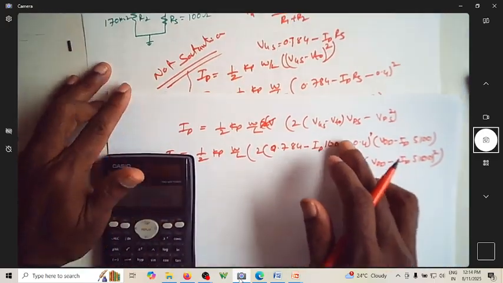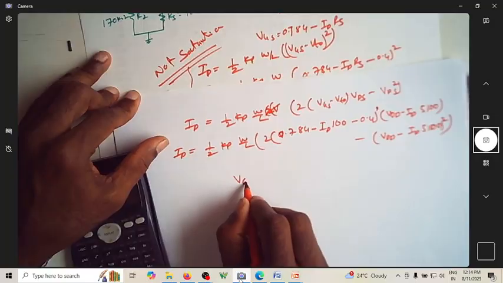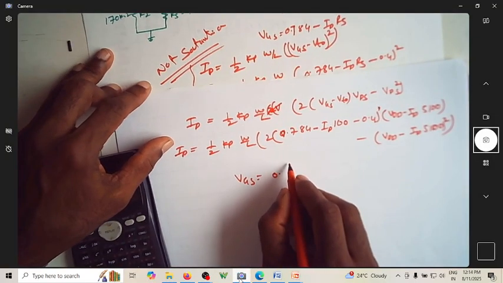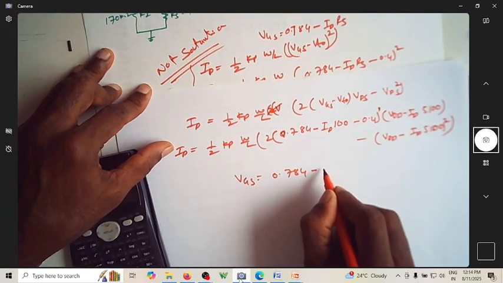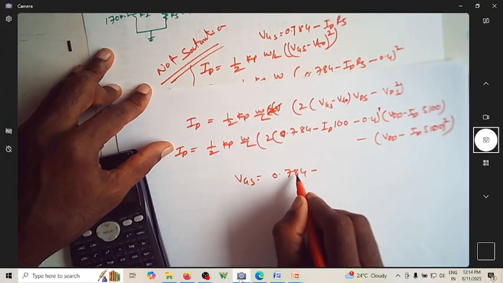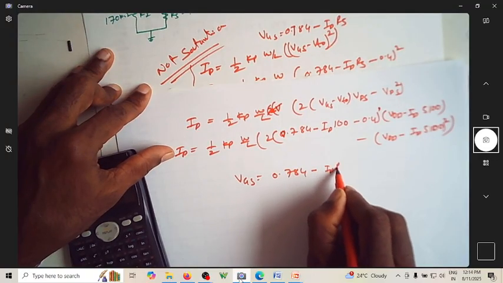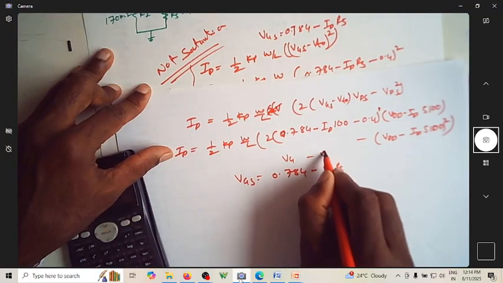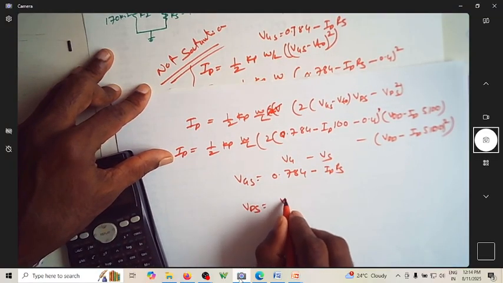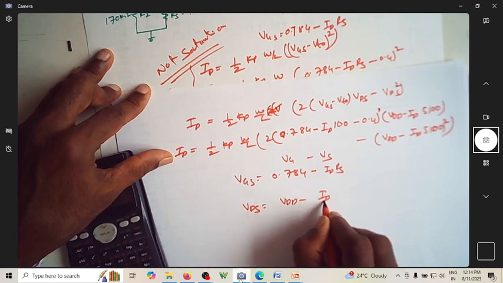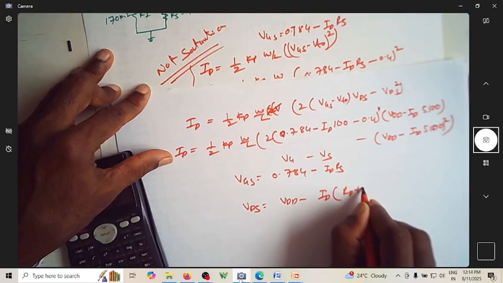I am simply substituting VGS by 0.784 minus ID into RS. This is actually VG minus VS. What is VDS now? VDS is VDD minus ID into (RD plus RS).